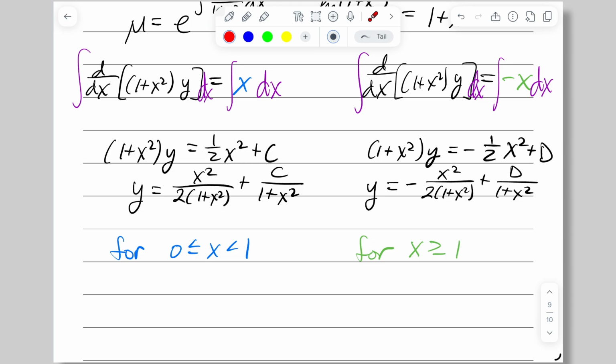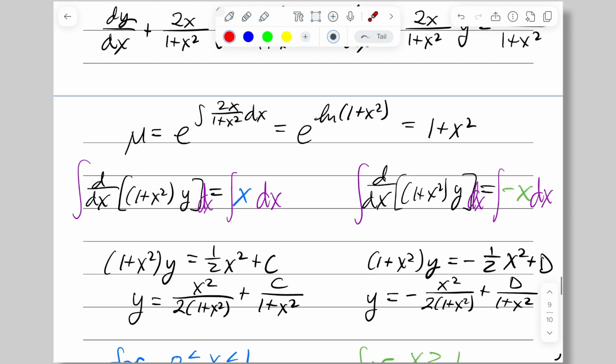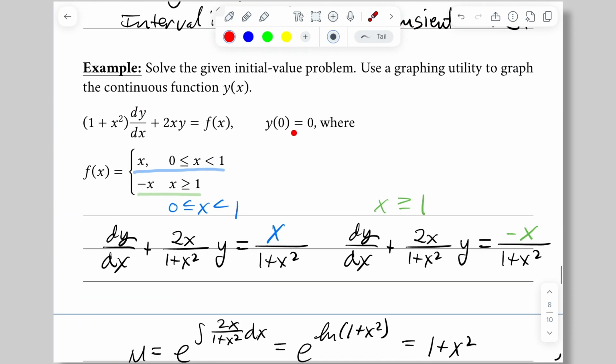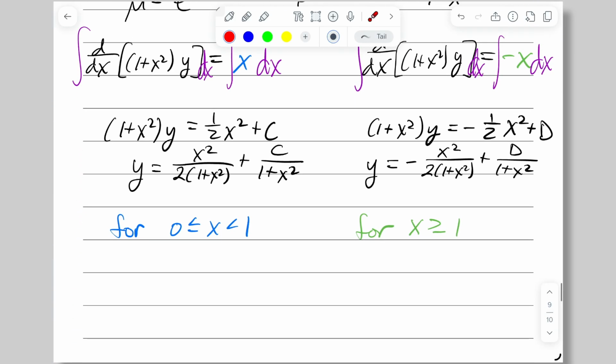Because this was an initial value problem, we're going to be able to find our constants, but the initial condition only applies to when x is equal to 0. Right? We have y of 0 is equal to 0. If x is equal to 0, then the right-hand side was positive x. And so the initial condition only applies to the solution that we had for x between 0 and 1, inclusive at 0.